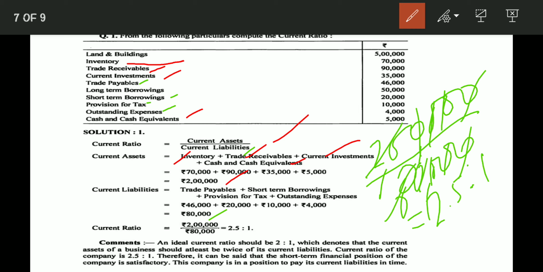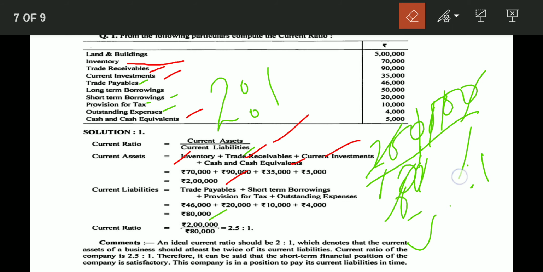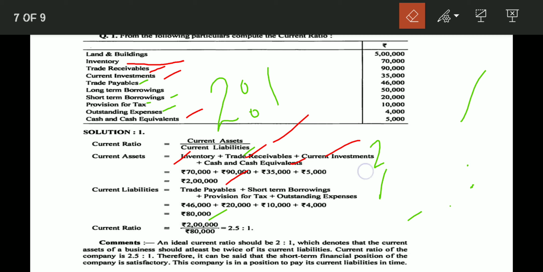As we studied, the ideal current ratio is 2:1, and this is greater than 2:1, it is 2.5:1, so we can say that the company's position is satisfactory. They are able to pay all their debts and they have good working capital capacity, right?